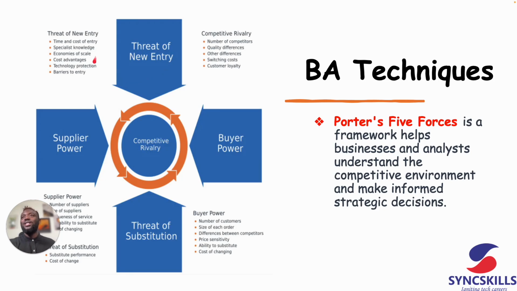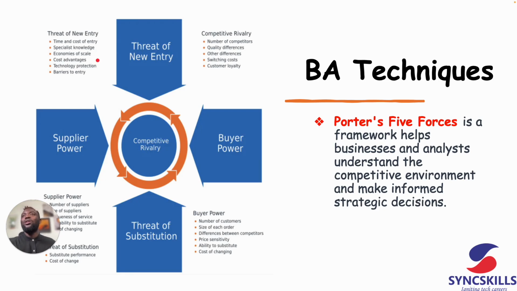Do you have any specialist knowledge that is just your own intellectual property, your own unique selling point? Is there economy of scale? For example, a big supermarket store will have economy of scale because they can buy things in bulk. Think about Costco, for example.